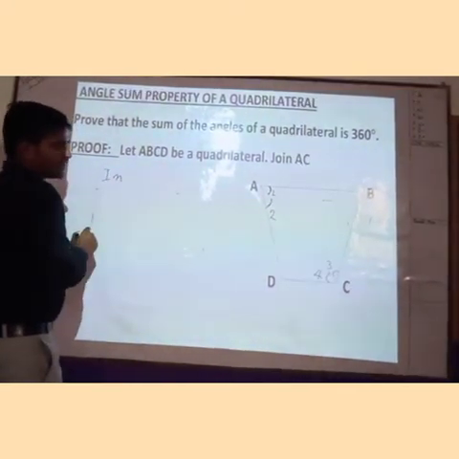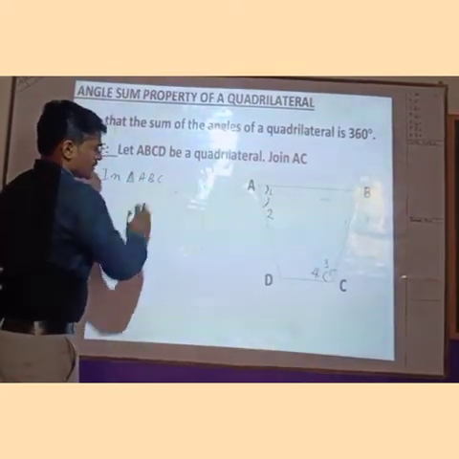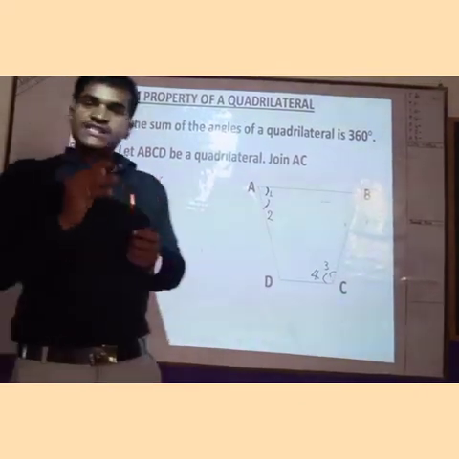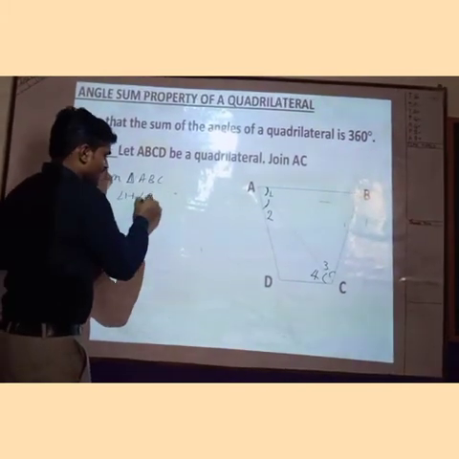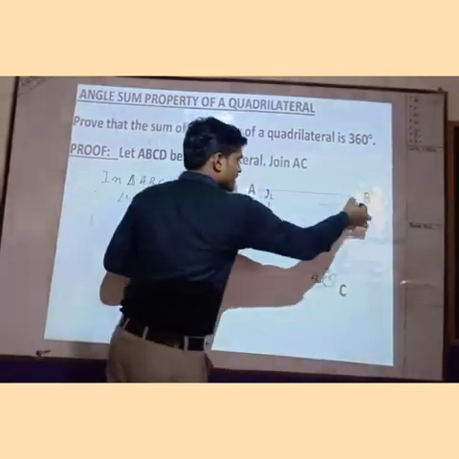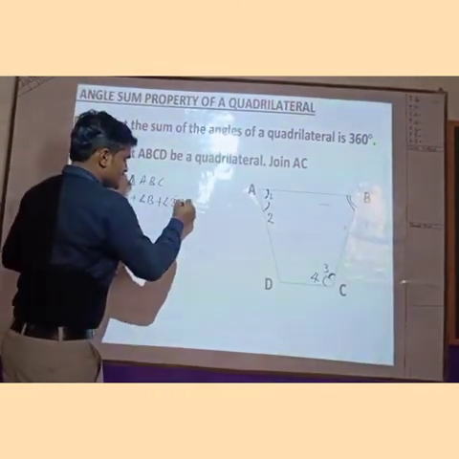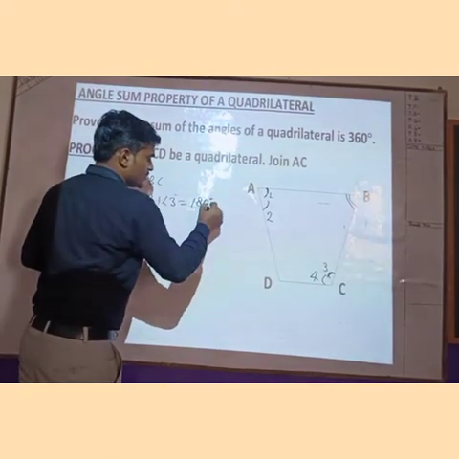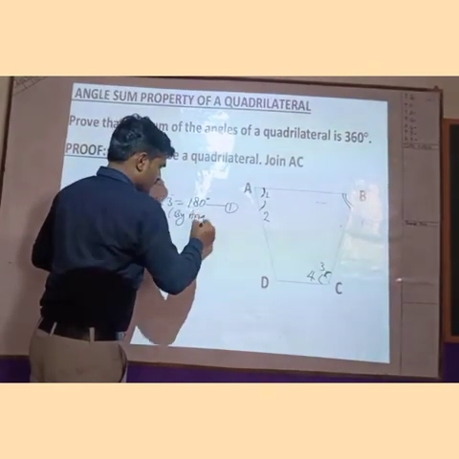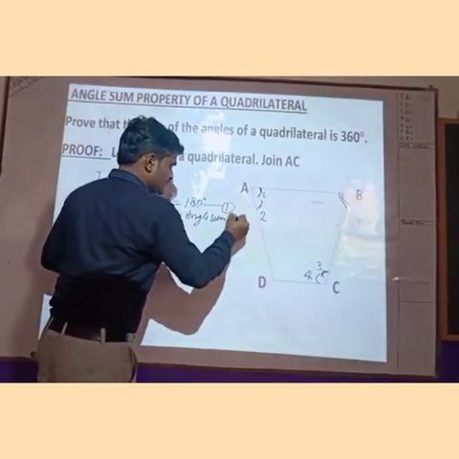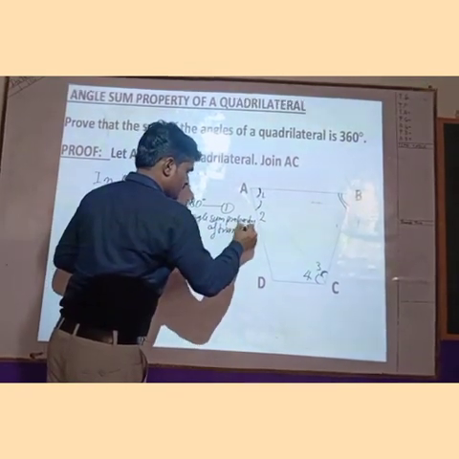So in triangle ABC, by angle sum property of triangle, we get angle 1 plus angle B plus angle 3 is equal to 180 degree. That is equation number 1, by angle sum property of triangle.